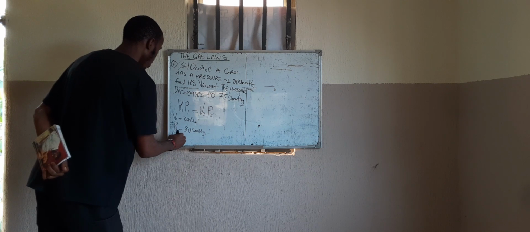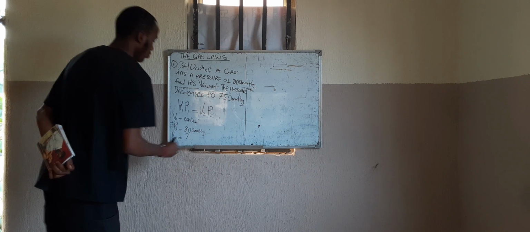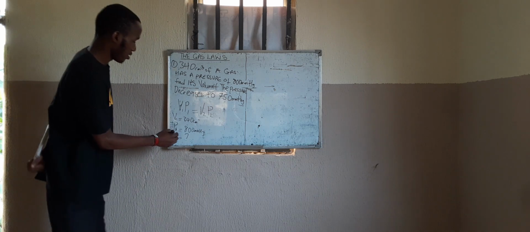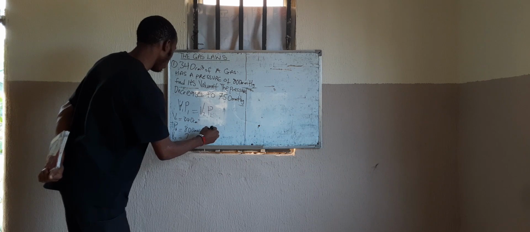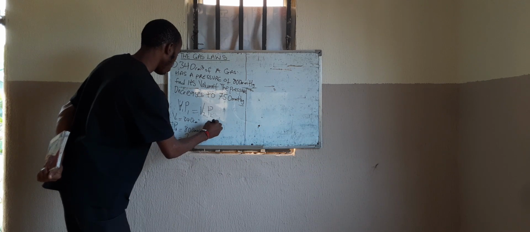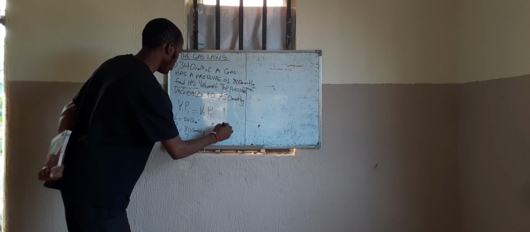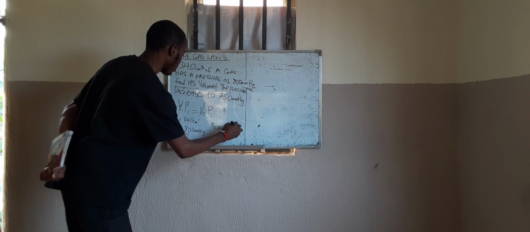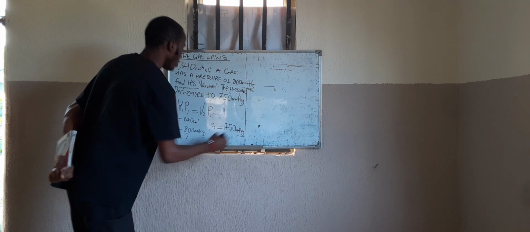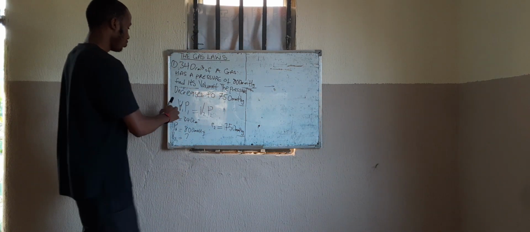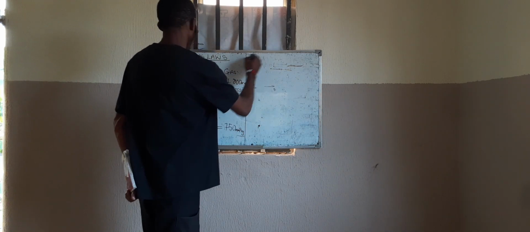V2 is unknown. That's what we are looking for. Then P2 is 750. So using this formula, we have this formula.